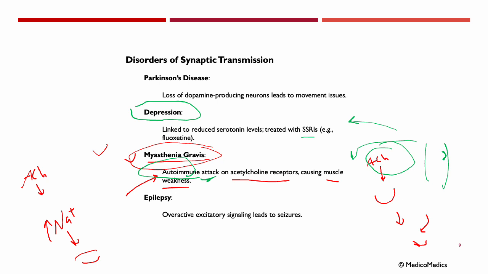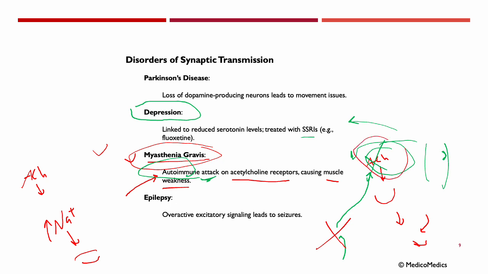And we do that by inhibiting an enzyme. The enzyme is acetylcholinesterase, which has the function of degrading, essentially breaking down acetylcholine. So we stop this enzyme from functioning, or we inhibit it, leading to what?